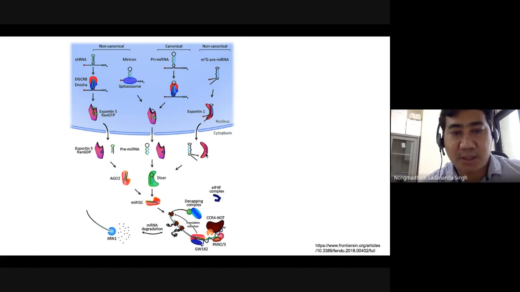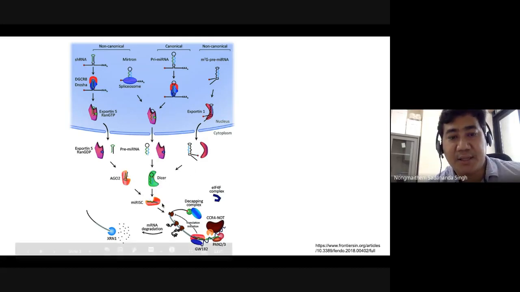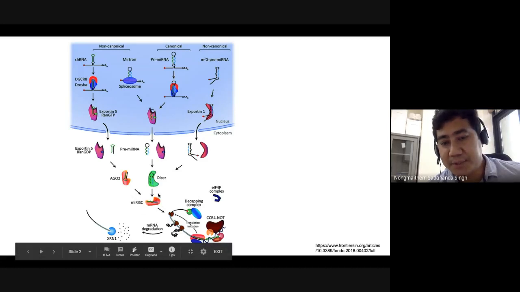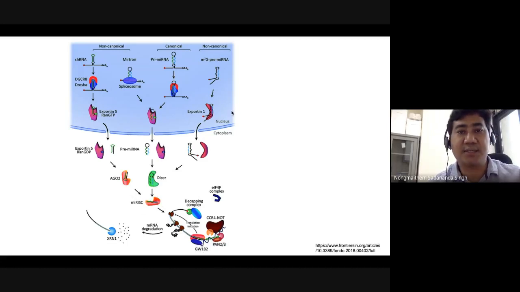Once it is out, it can be processed by Dicer in the case of M7G capped pre-microRNA. But in the case of the shRNA, you associate with the AGO, Argonaute complex, rather than Dicer. And finally, it integrates all of these microRNAs into the microRNA RISC complex. Okay, so this is about the biogenesis of microRNA.